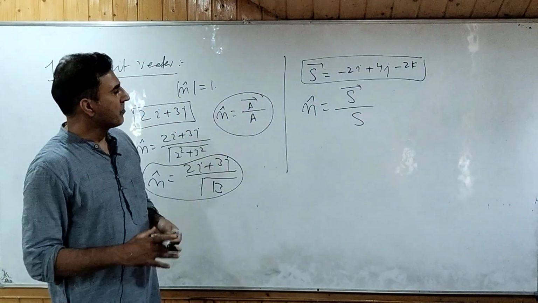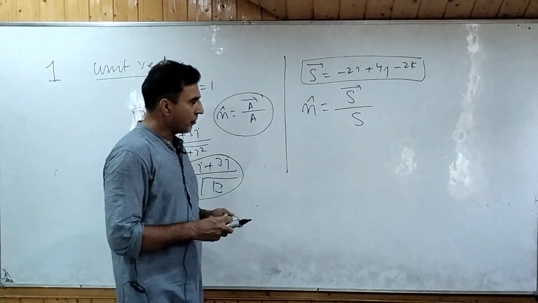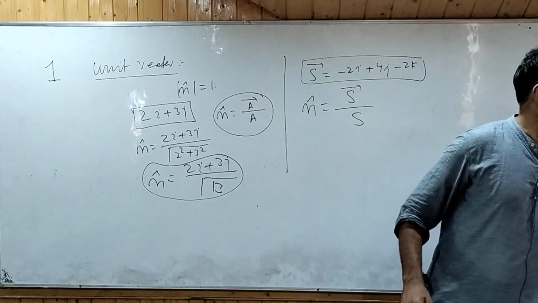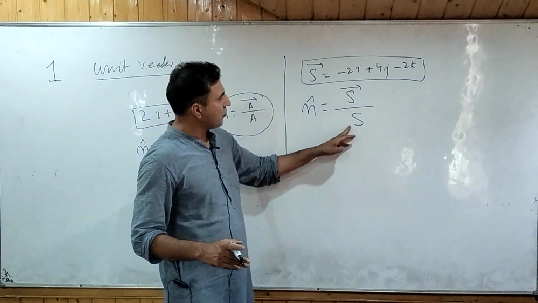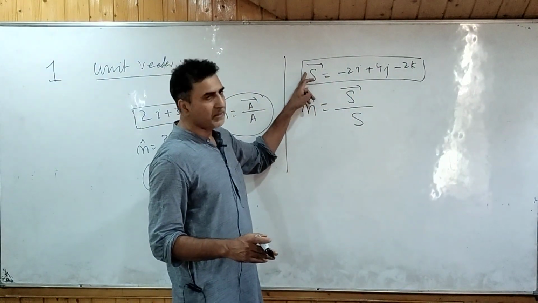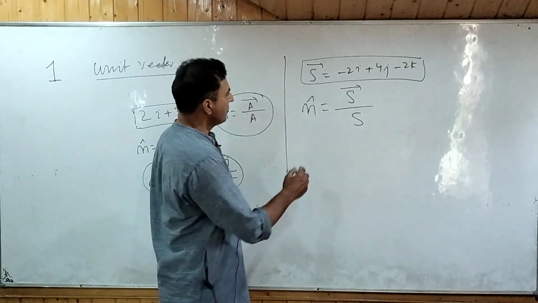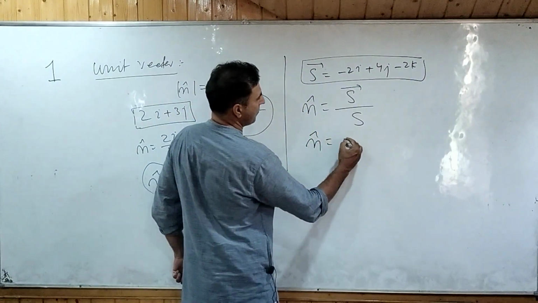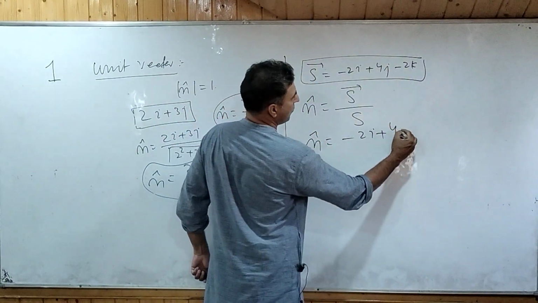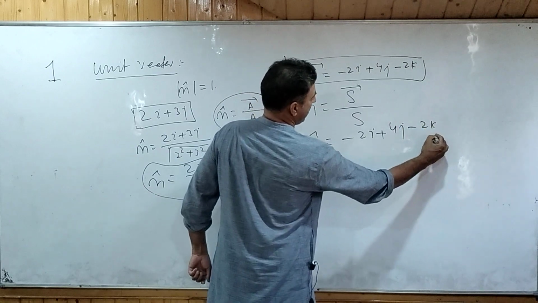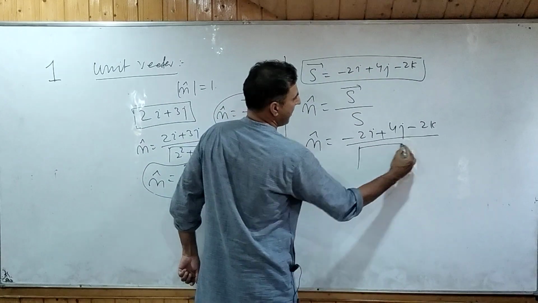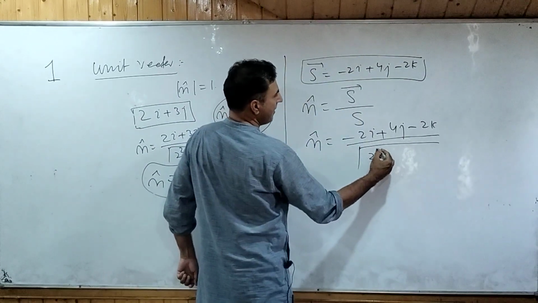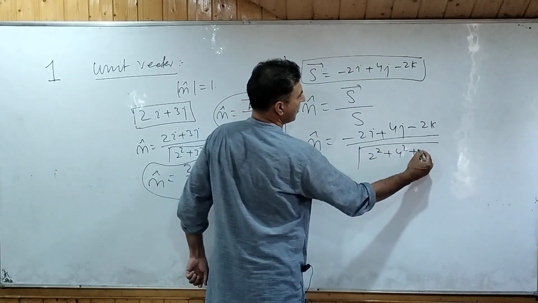So what you are going to do now? You have to write the vector as such here. And the s in the denominator is simply the magnitude of this vector s. So you write n unit vector is equal to minus 2i plus 4j minus 2k whole divided by s. Now what is s magnitude? That is, as usual, root of 2 square plus 4 square plus 2 square.